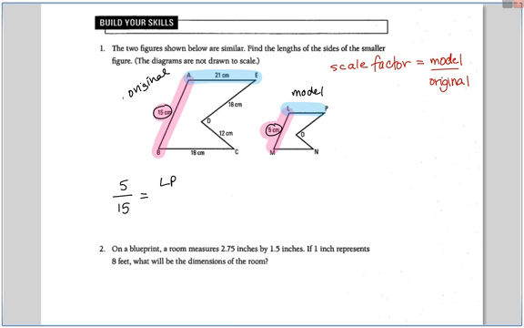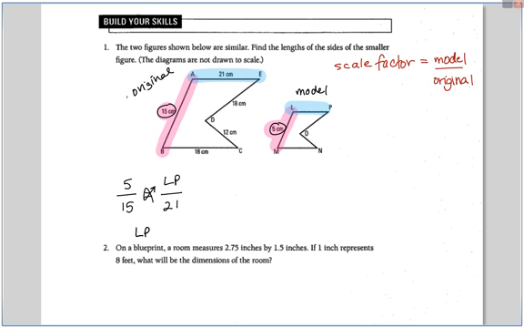So the model on top is LP, the original on the bottom is 21, like it's highlighted in blue there. Cross multiply, divide. 21 times 5 divided by 15, and I get that LP is 7. And you can continue on with this process and you can find all the other sides.